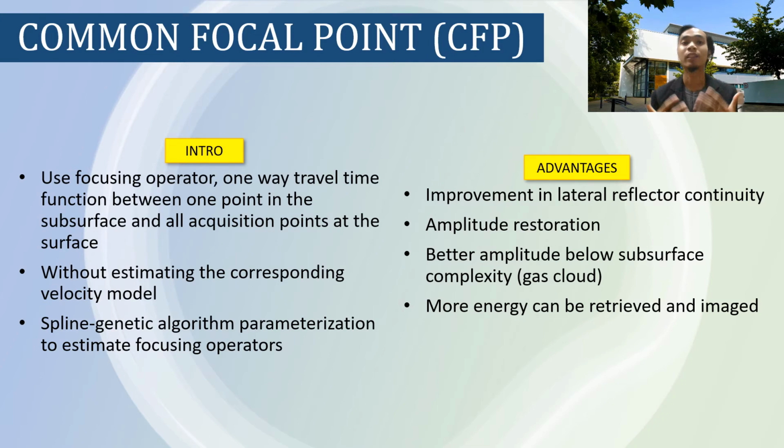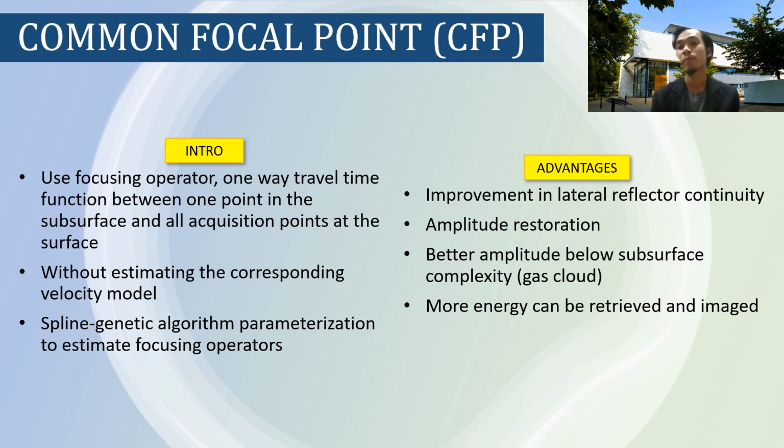The third proposed imaging method is the common focal point, or CFP for short. It uses a focusing operator, with a travel time function between one point in the subsurface and all acquisition points at the surface, without estimating the corresponding velocity model. It uses spline genetic algorithm parameterization to estimate the focusing operators.